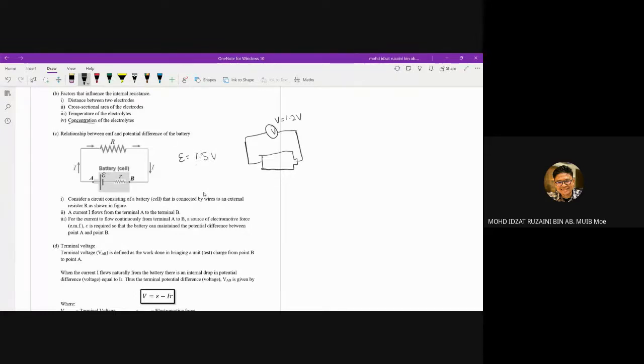Dia sepatutnya 1.5 volt tetapi yang terkeluar pada voltmeter ialah 1.2 volt. Maka kita panggil sebagai potential drop. Sebanyak berapa ni? 0.3 volt. So this 0.3 volt ini sebenarnya disebabkan oleh internal resistance.